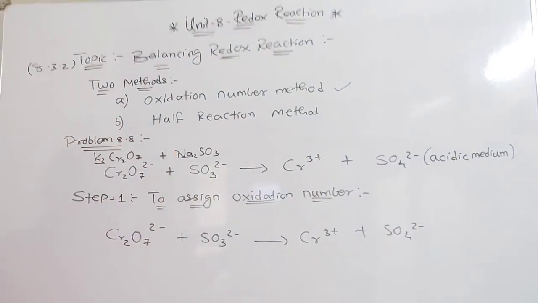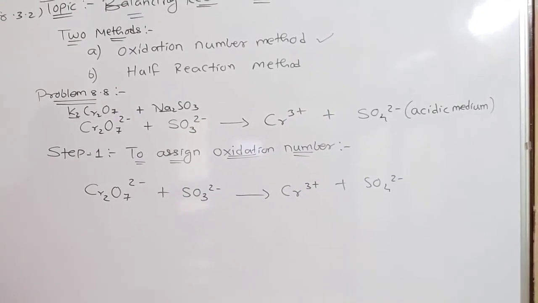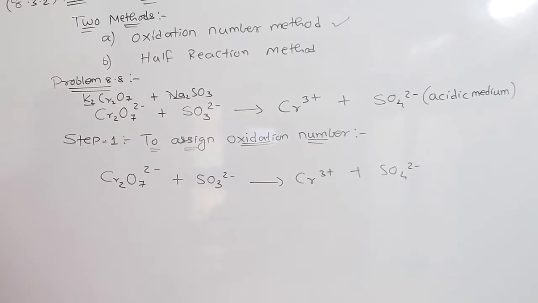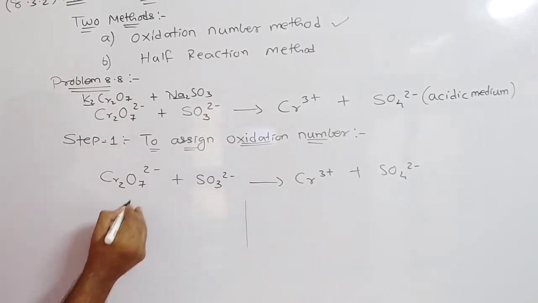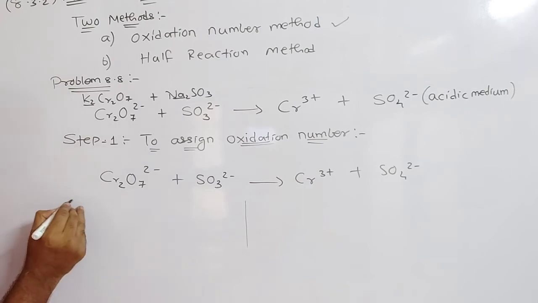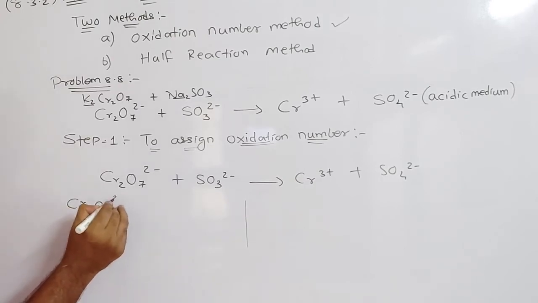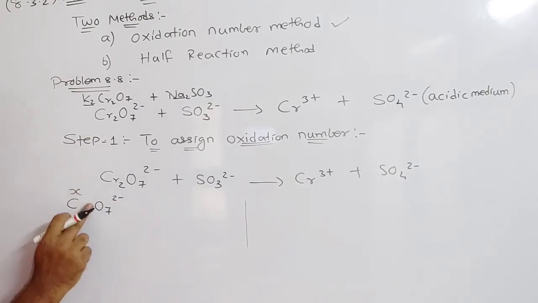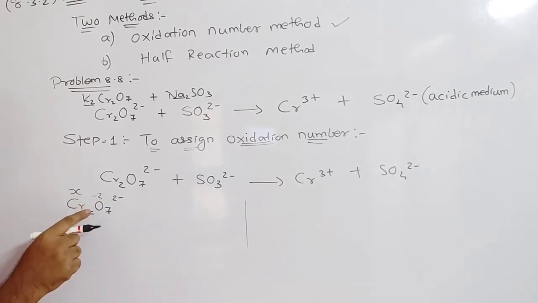Now to assign the oxidation numbers, take the first one, Cr2O7 2-. Here I will take chromium as x, and oxygen we know is -2.